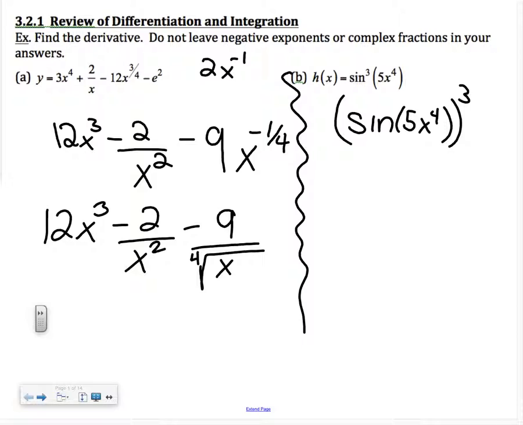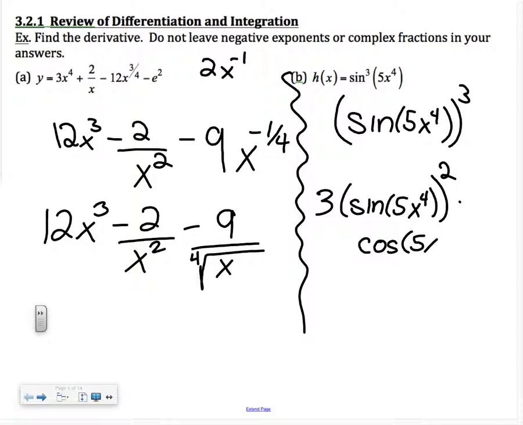And so the derivative of the outside would be 3 times the sine of 5x to the 4th, don't touch the inside, squared, times the derivative of sine, which would be cosine. Again, don't touch the inside. And then finally we multiply by the derivative of the inside, which would be 20x cubed.